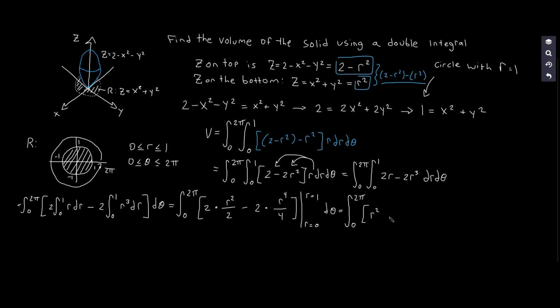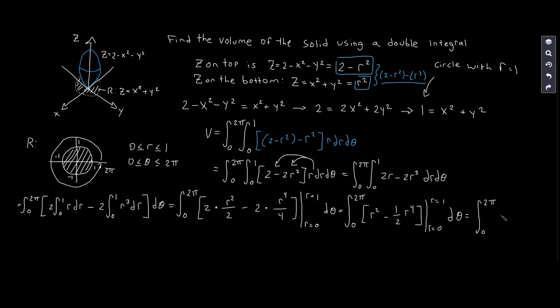R squared minus 1/2, r raised to the 4th, I'm pretty sure. The bounds of integration are r equals 0 to r equals 1, d theta. So that's just going to become the integral from 0 to 2 pi of 1 minus 1/2, or 2 over 2 minus 1/2.